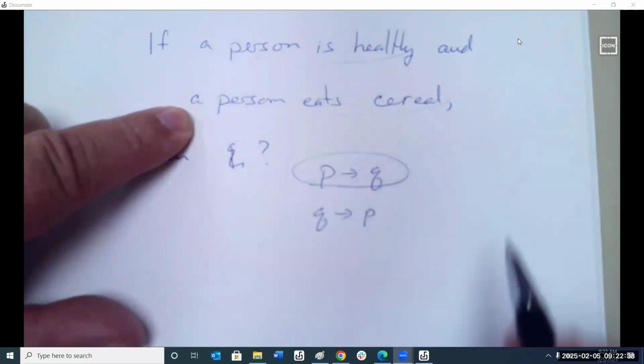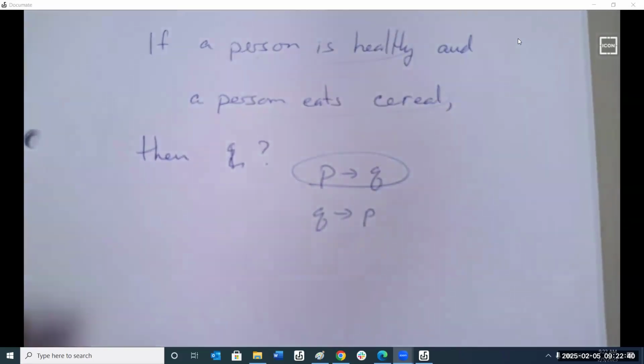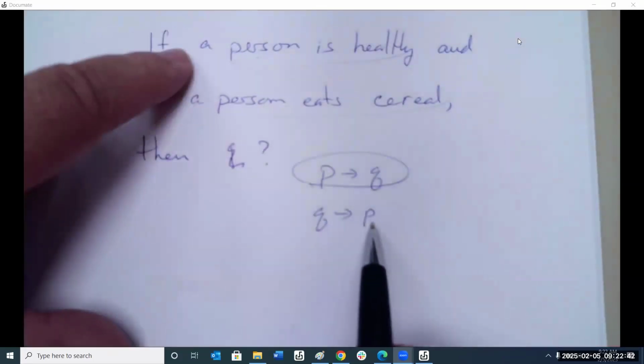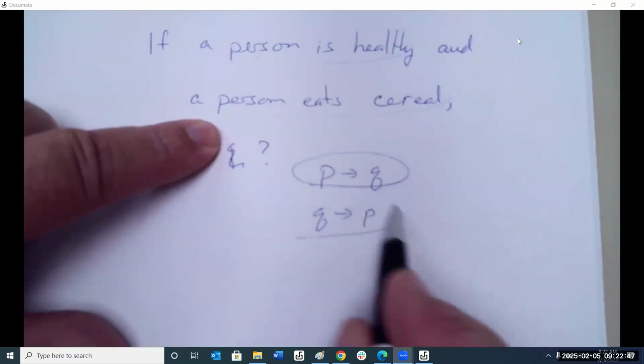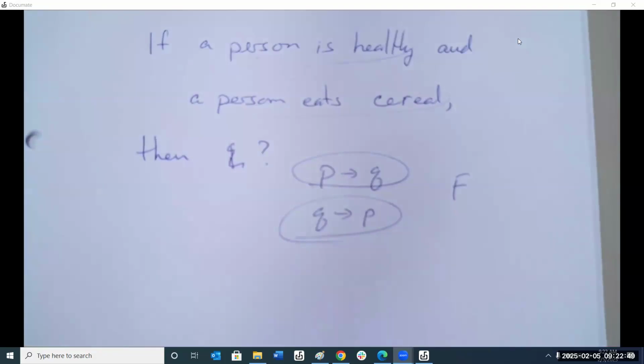So this is not a true statement. Are there people who eat cereal that are not healthy? Yes. So both of these are false statements. Because if you can find one example where it's not true, it's thrown away. Because we're looking for validity here.